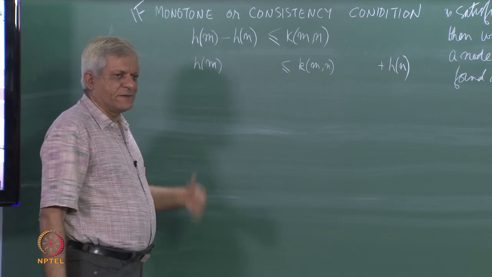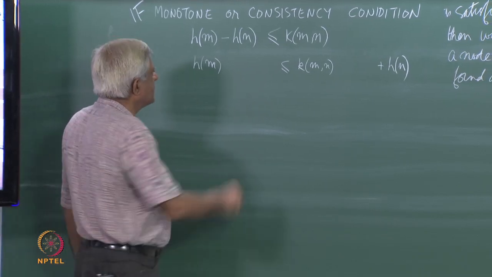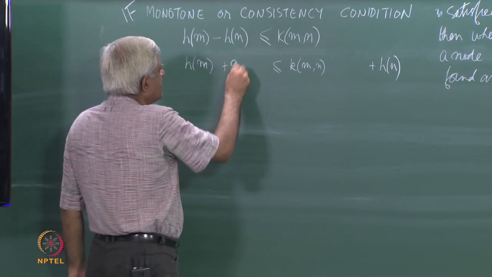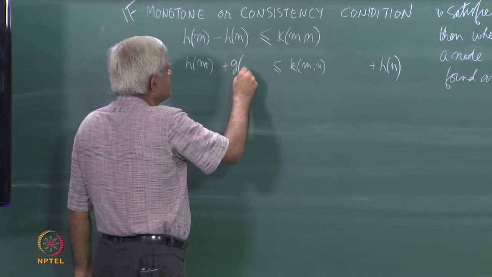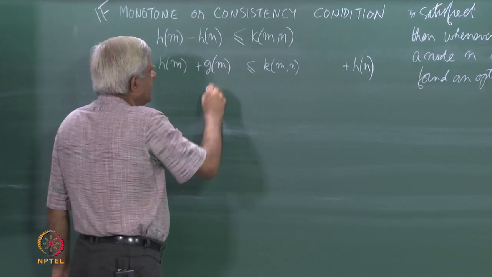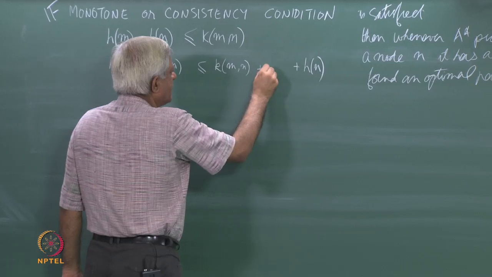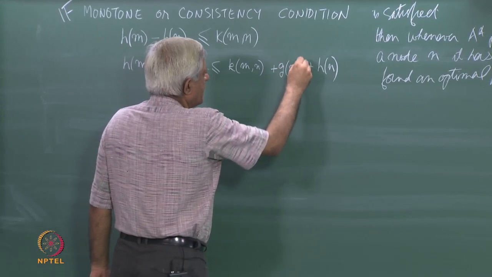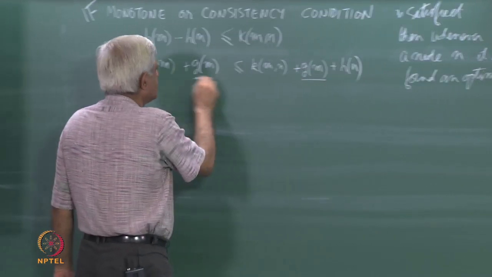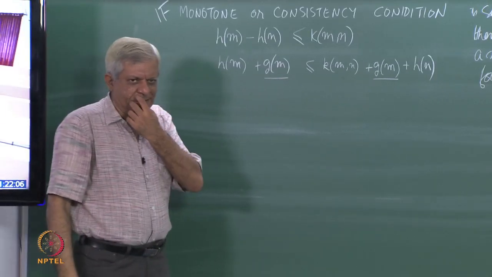So, I have just taken h of n to that side, and then I can add g of m to both sides, the same value I am adding to both sides, so that does not change things.